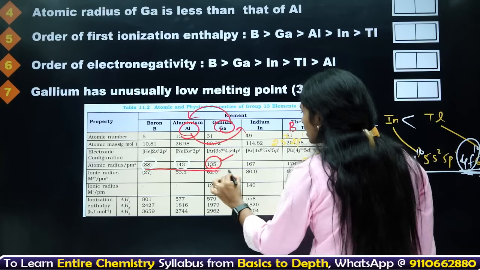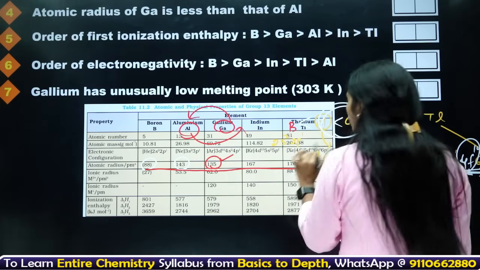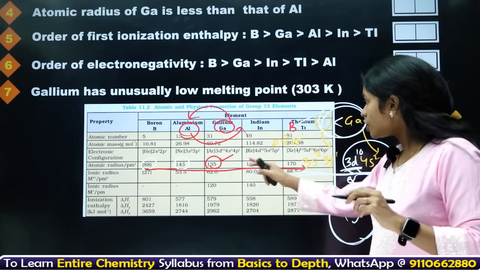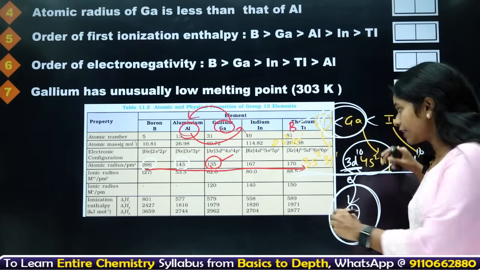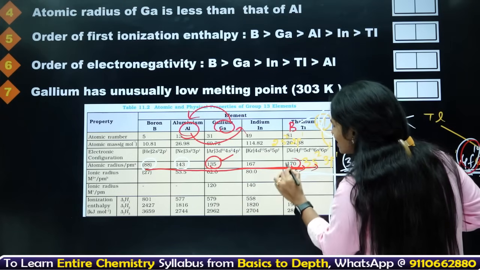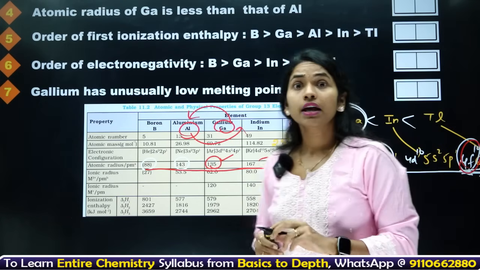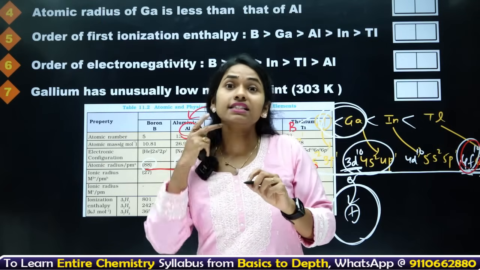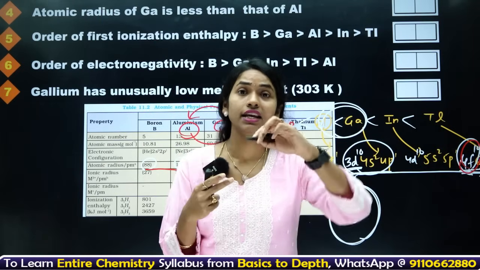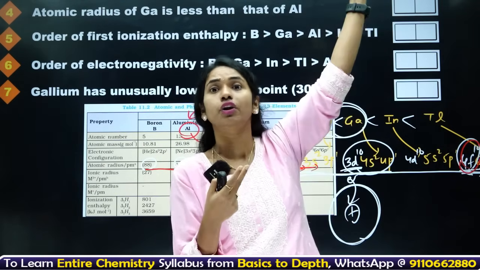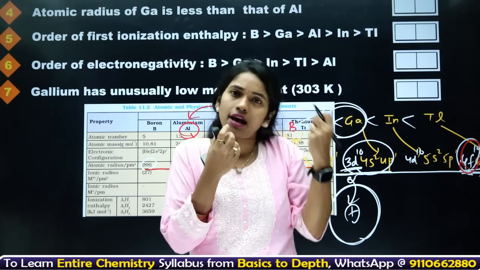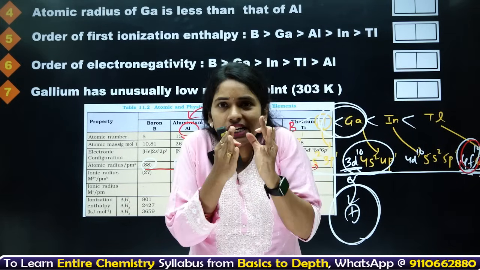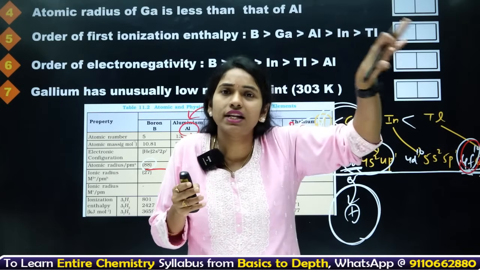See here, last is due to the presence of again sudden entry of f, actually size should increase, and it is increasing, but the increase is very small because of f electrons. 167, next it should actually increase so much, but due to the poor shielding effect of f electrons, the size will decrease and it remains as 170.